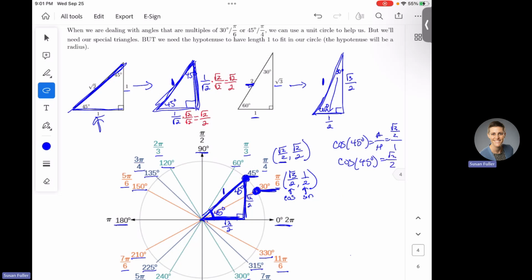That's the same as my x value. And the sine value of 45 degrees is opposite over hypotenuse, which is root 2 over 2. That's my opposite over 1. My sine value is root 2 over 2, which coincides with my y value, because y is your opposite side here.